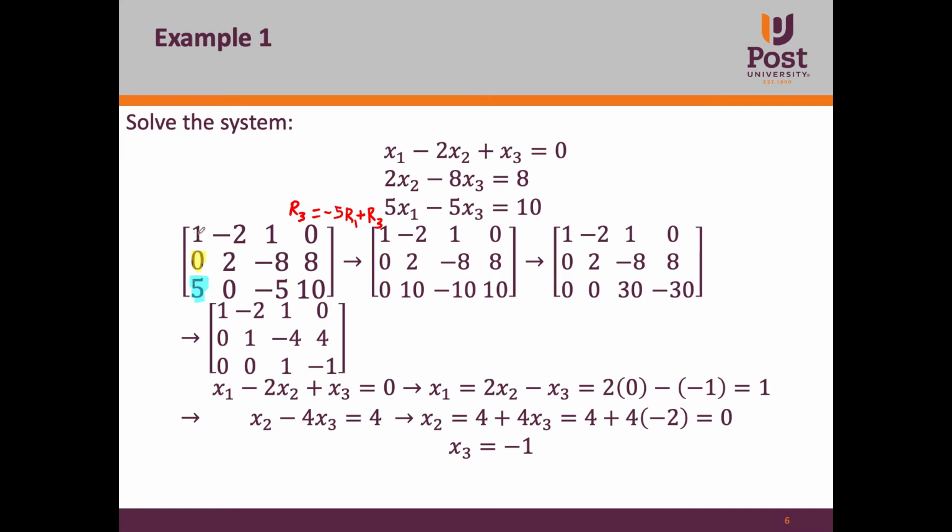So 1 times negative 5 makes negative 5 plus 5 makes this 0. Negative 2 times negative 5 is positive 10 plus 0 makes positive 10. 1 times negative 5 minus 5 makes negative 10. And then 0 times negative 5 plus 10 also makes 10. So that's how we got this bottom row.